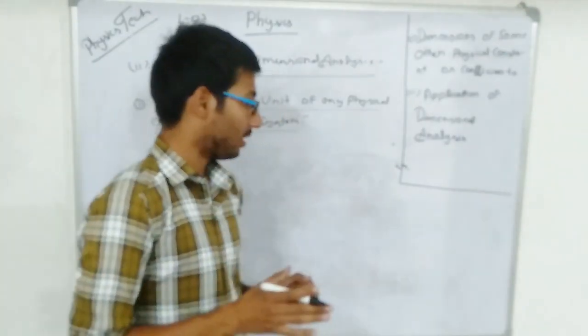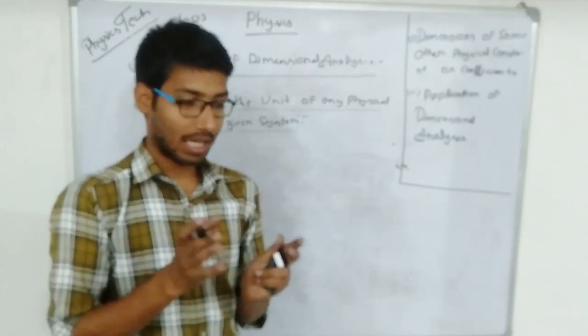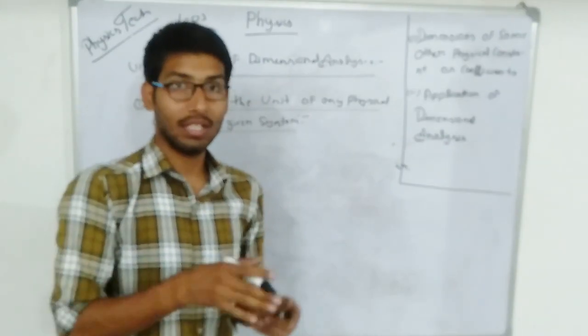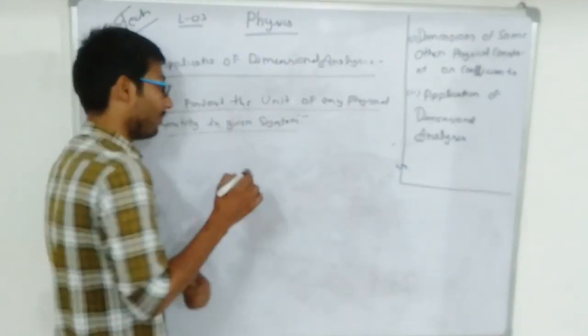We know that there are three types of systems of units, for example MKS, CGS and FPS.